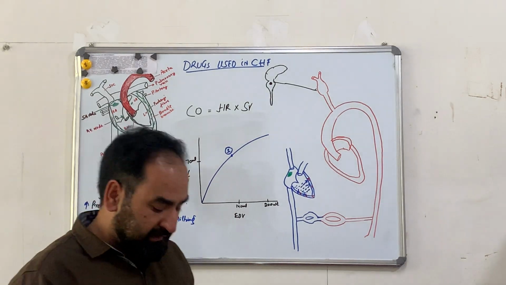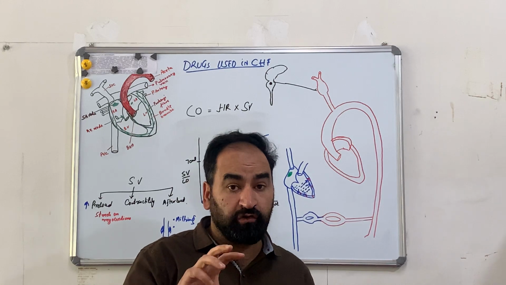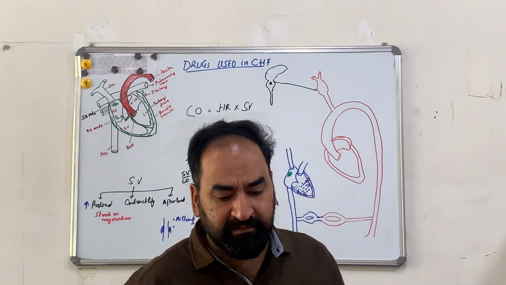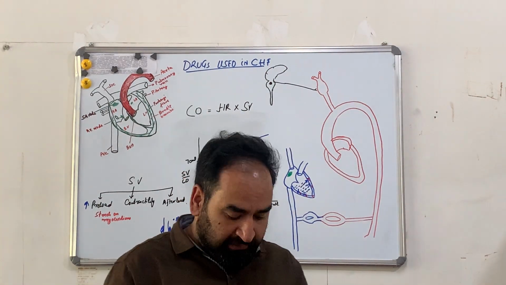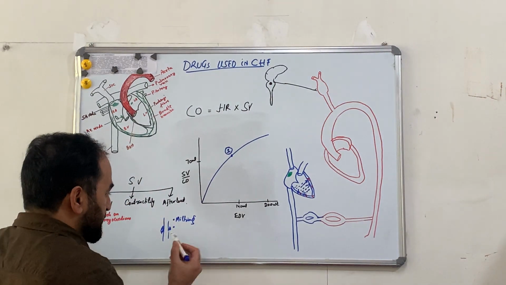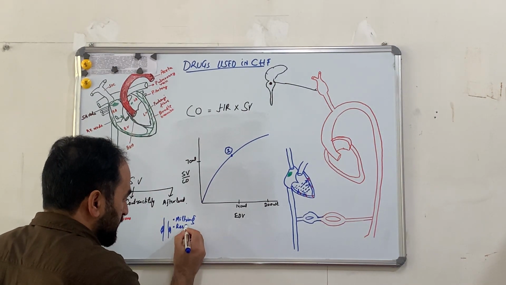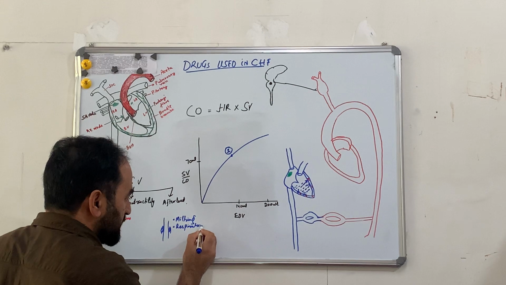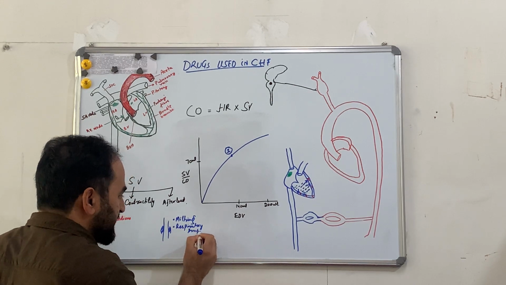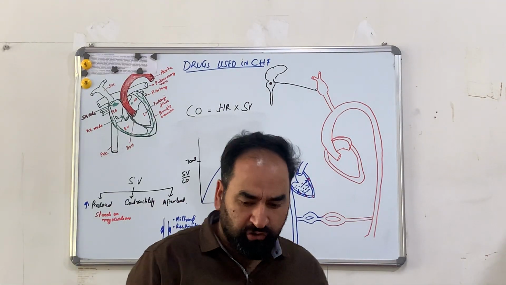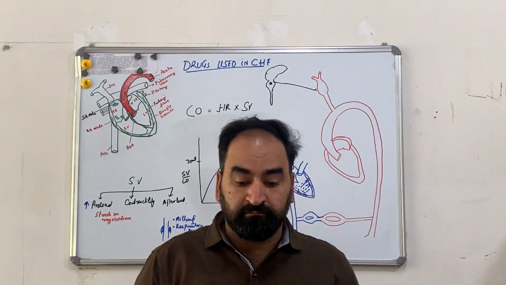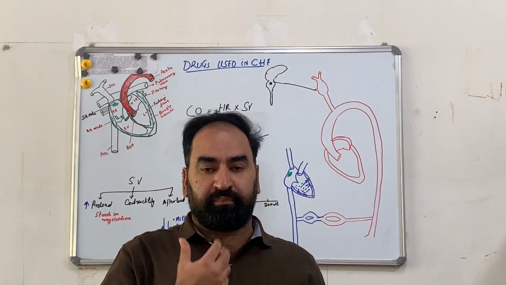Number two, normal physiologically, is breathing. That is known as the respiratory pump. You know what the respiratory pump is? Whenever you do deep breathing, you are inhaling deep breaths.